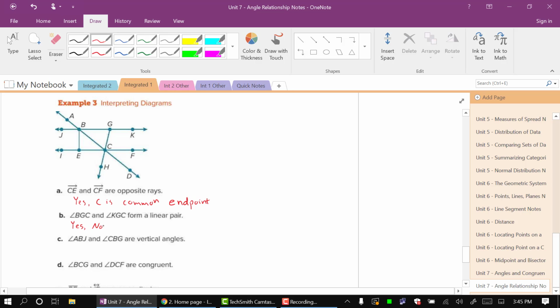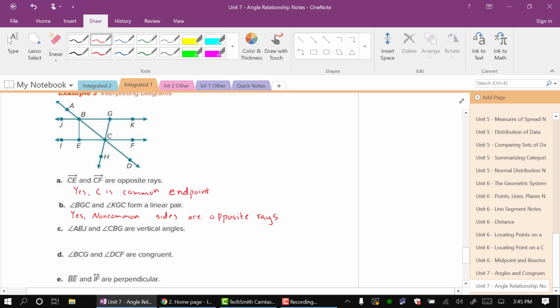The non-common sides, meaning GB and GK, are opposite rays. And that's why we have a linear pair.